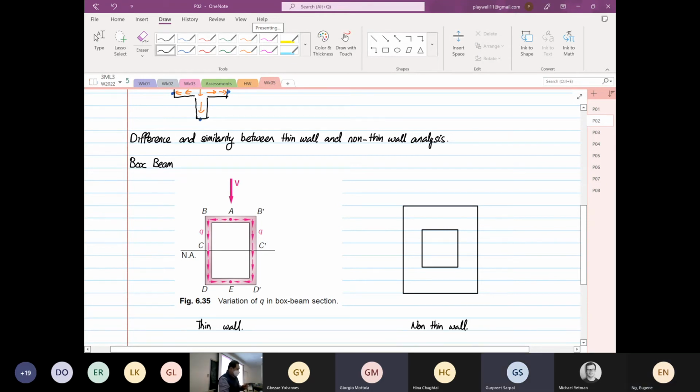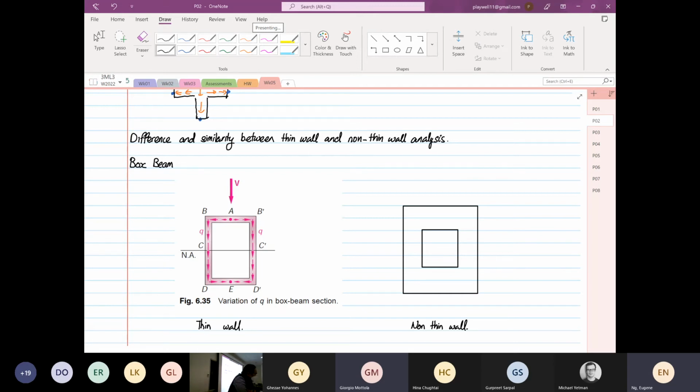Just one quick question, if you don't mind. When we consider whether the section is thin wall or not, up to what thickness? I see the other one also has a thickness, but we are considering it non-thin wall. So how would we know whether this one is thin wall or not? That's a very good question. The question asked is when is it a thin wall and when is it a non-thin wall? For this course, I will tell you when it's a thin wall and when it's not.